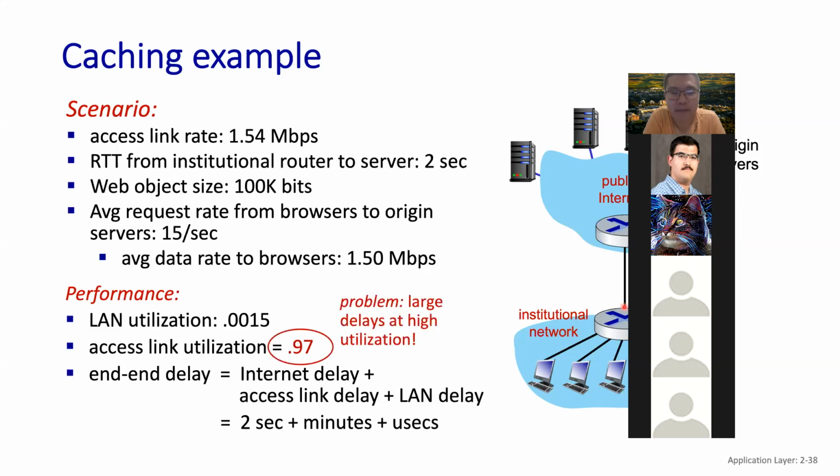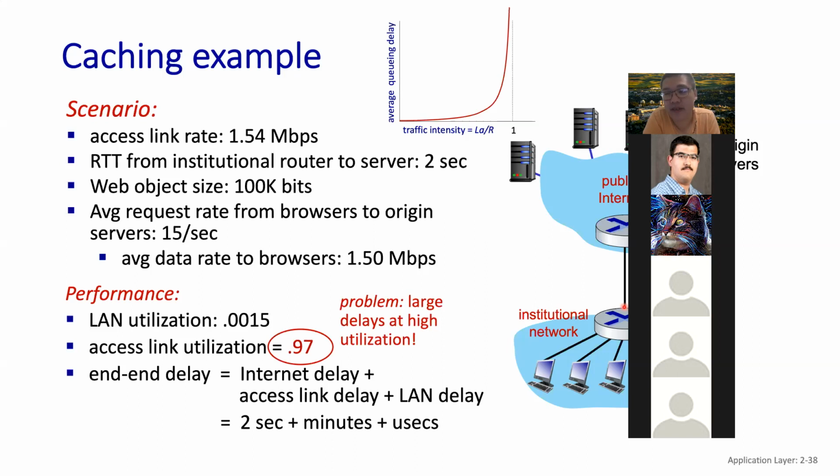You still remember the figure we showed before: if you have a very high traffic intensity, 97% is almost close to 100%, and that means the delay would be extremely high.